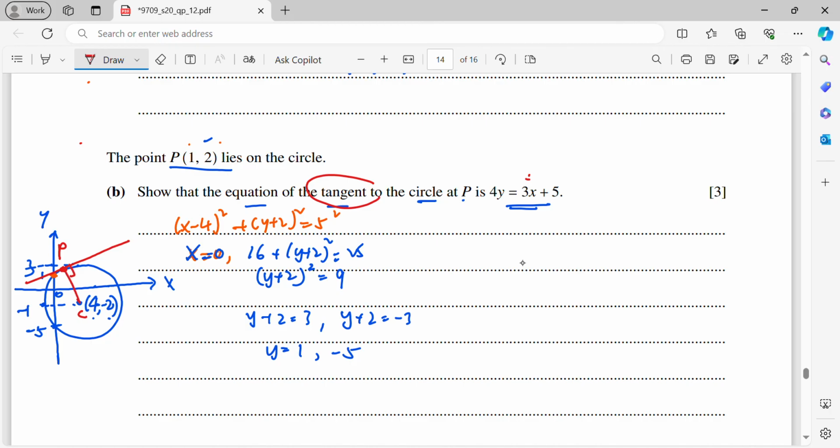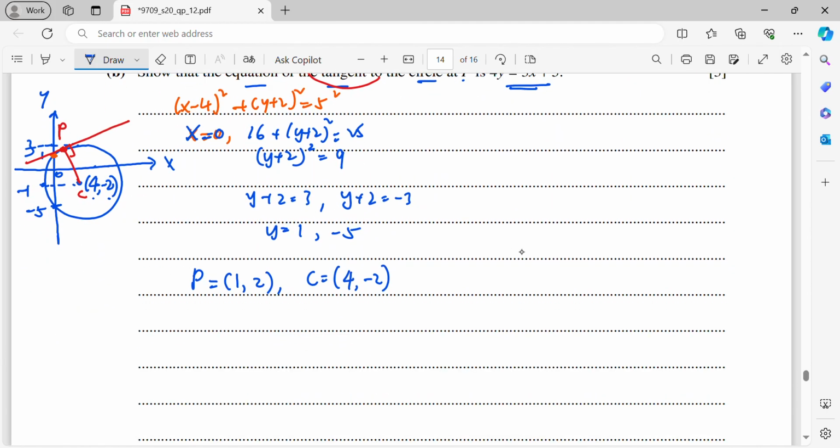So now I need to find out the gradient of PC first. So m_PC, my P is (1, 2), my C is (4, -2). So the gradient equals change in y, -2 minus 2 over 4 minus 1. That is -4 over 3.